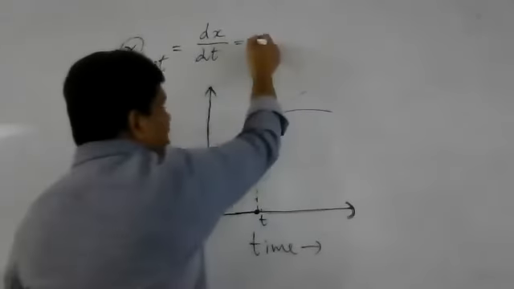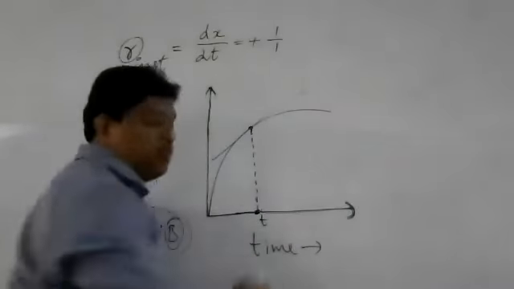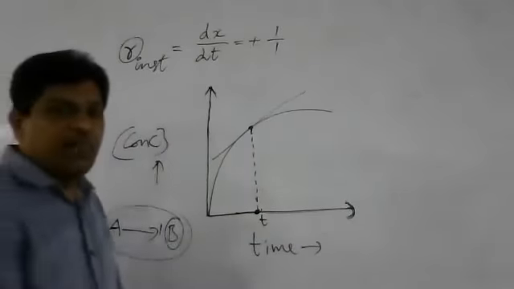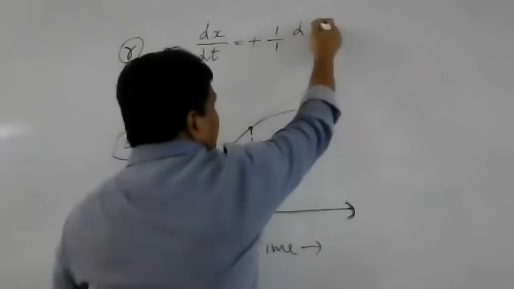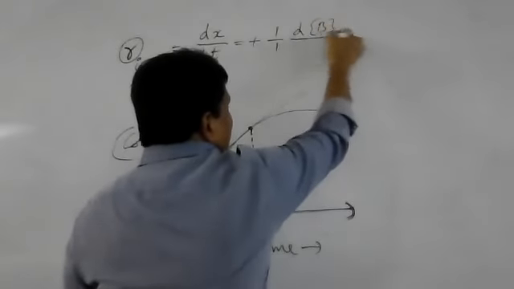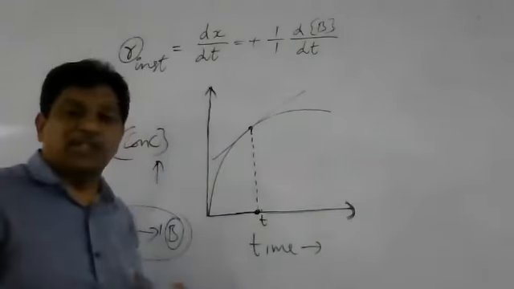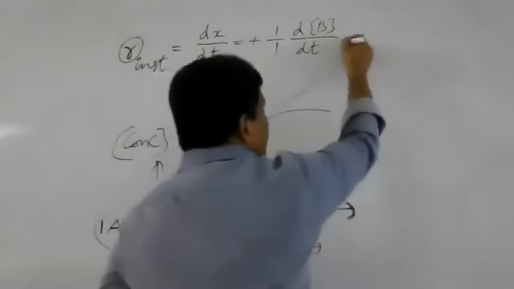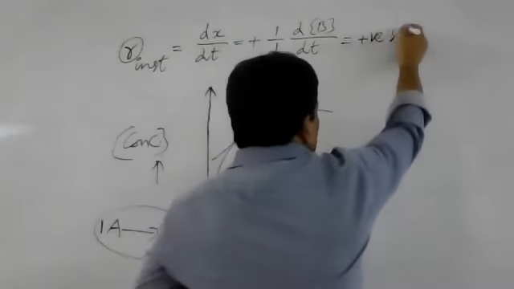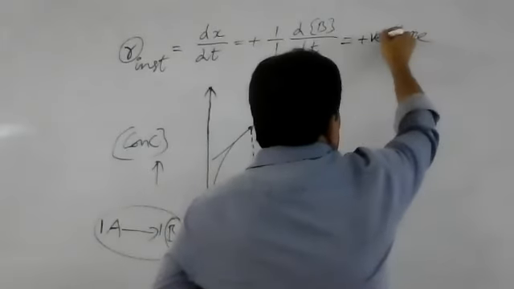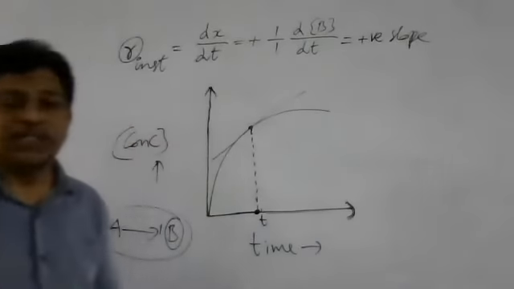That's why here plus 1 by 1 dB by dt, which is equal to positive slope or negative slope here? Positive slope. Is that clear, ma'am?